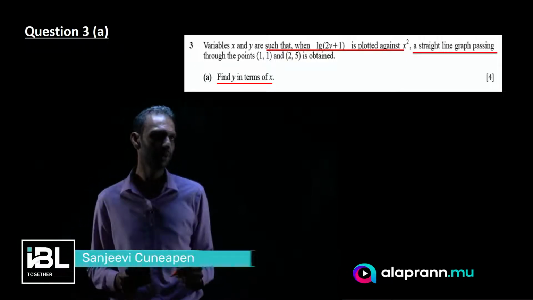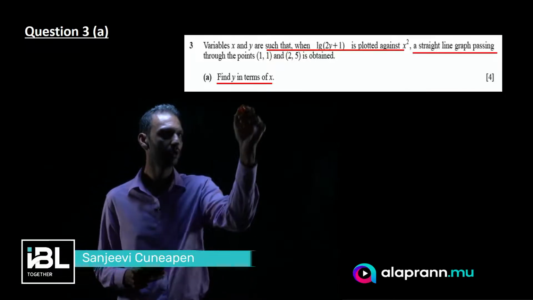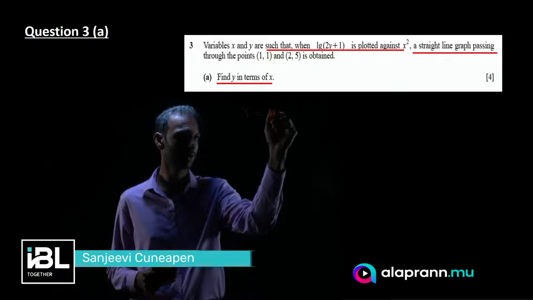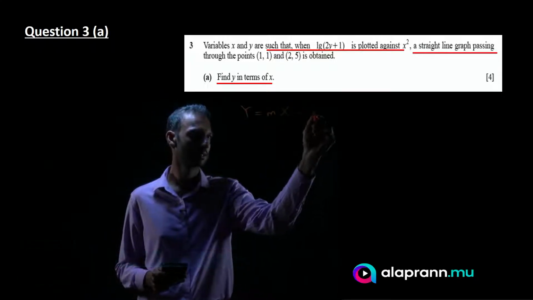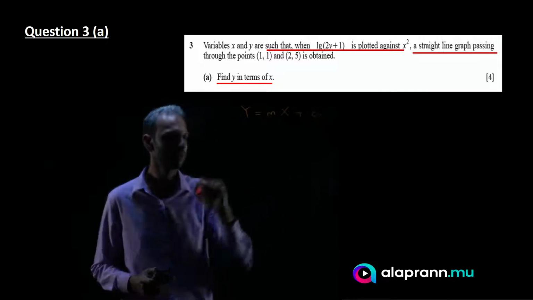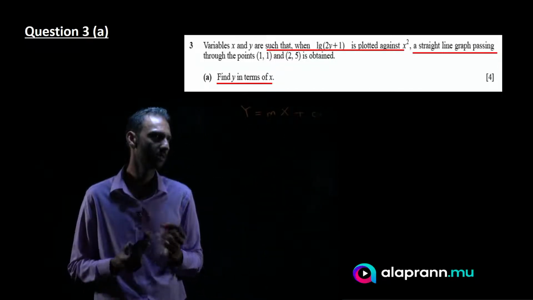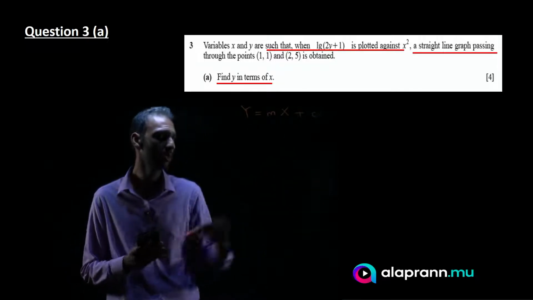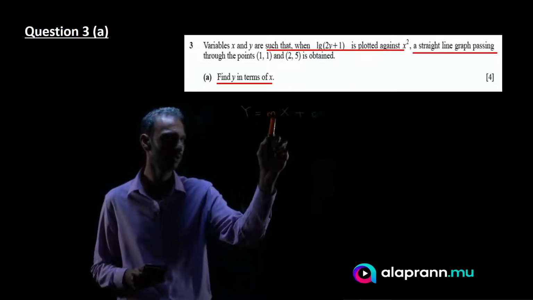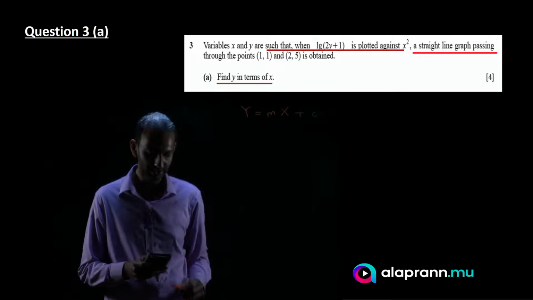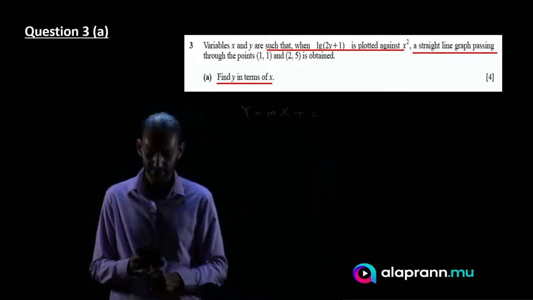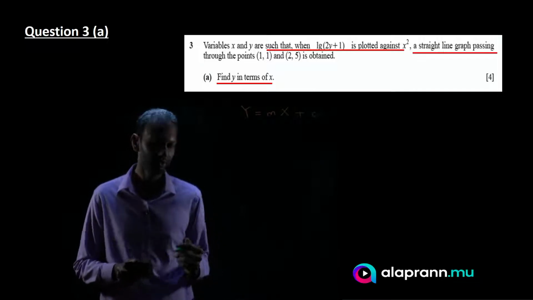So technically speaking, when we deal with linear law, the general equation of a straight line is y is equal to mx plus c. M is the gradient and c is the y-intercept. Now in this question, you have log of 2y plus 1 on the vertical axis.